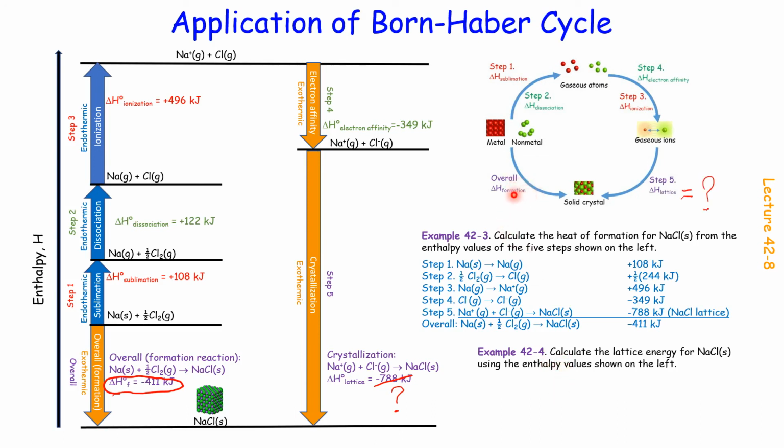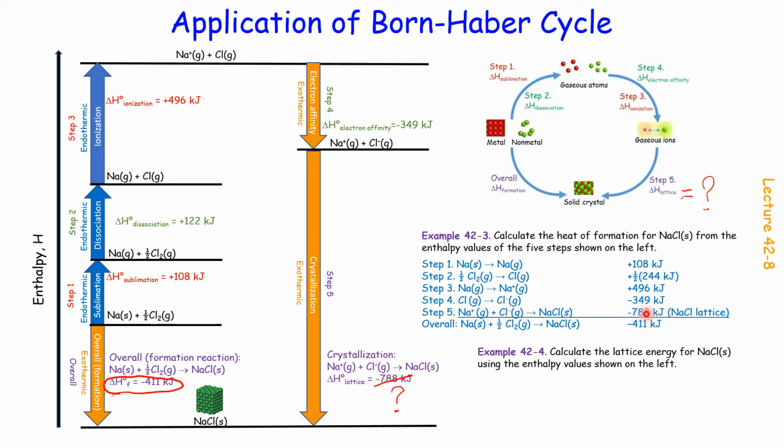Because the ΔH for this overall step is the sum of the ΔH in steps 1 through 5. And now we want to find out the ΔH in step number 5, which means we don't know the value here for step 5, which is the lattice energy.